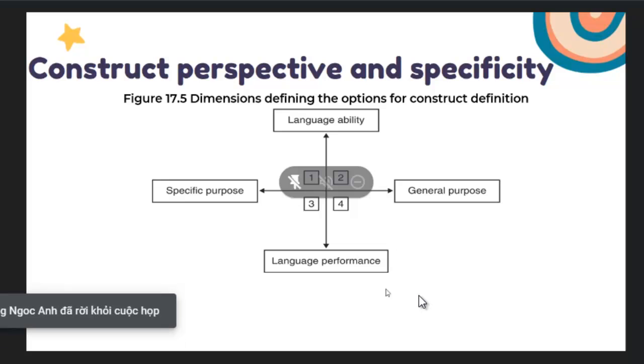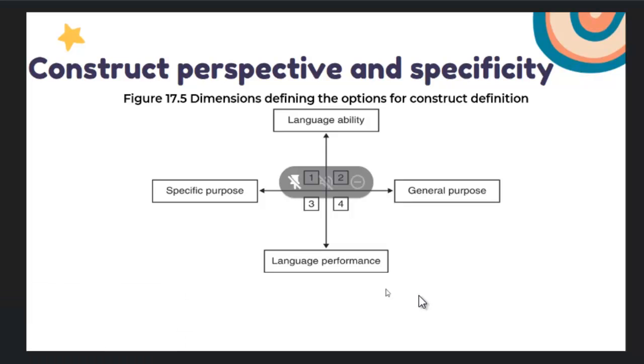As you know, specific purpose construct and performance type construct may be a natural match, while general purpose construct naturally goes with ability construct. An example of tests of specific purpose abilities is "can speak".